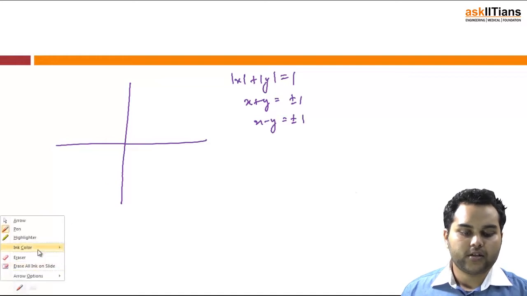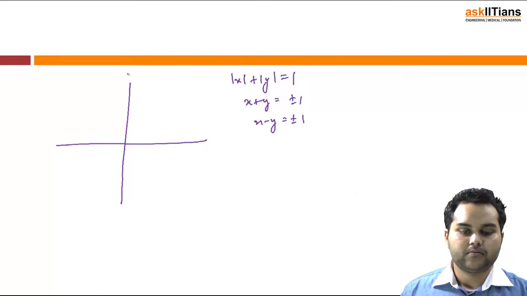So if I now plot these two equations into this Cartesian plane, I would be having with me this being the y-axis and this being the x-axis.